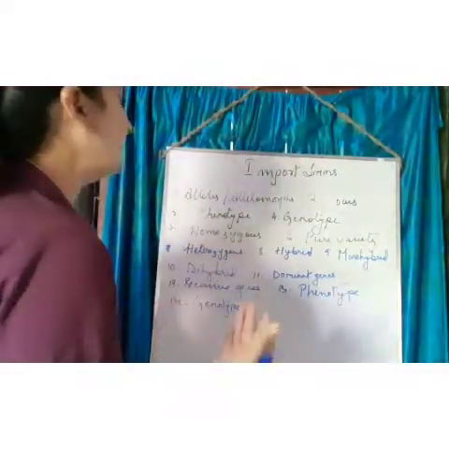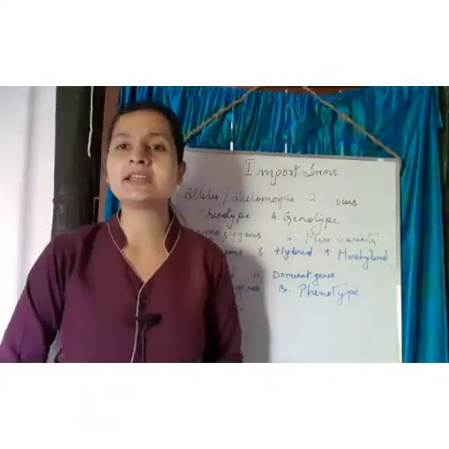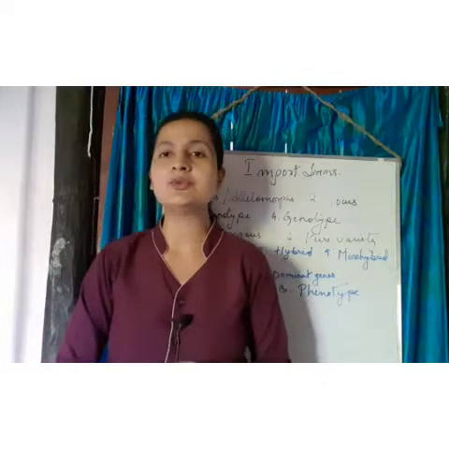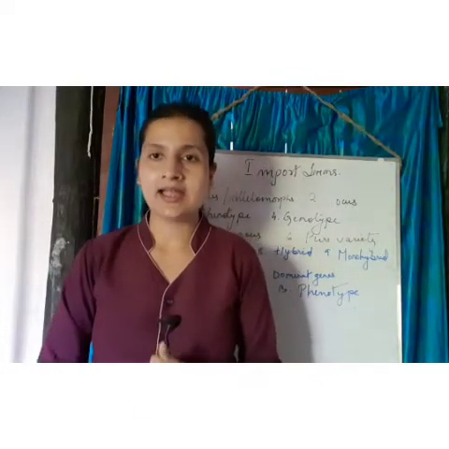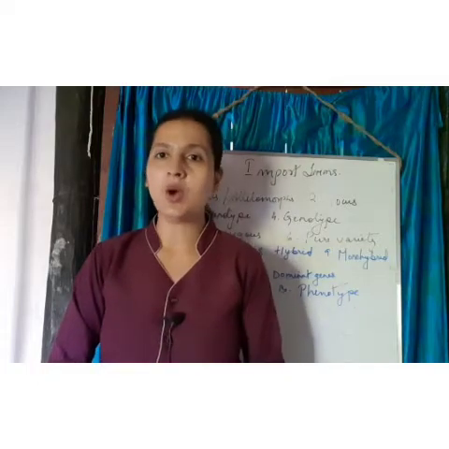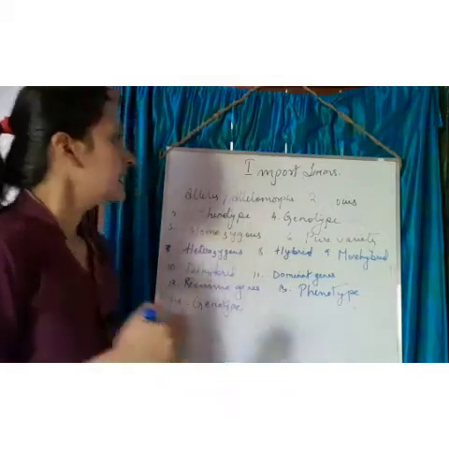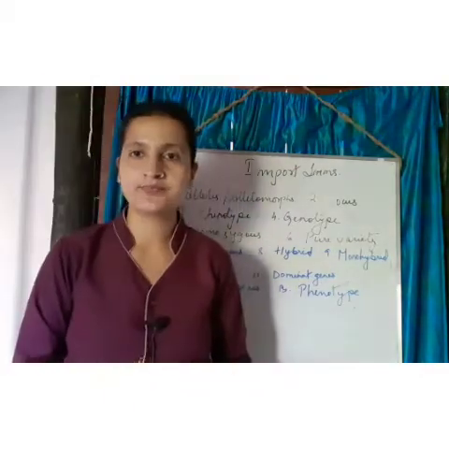Now what is allele? Alleles or allelomorphs are alternative forms of genes. What is a gene? A gene is a unit of inheritance. It inherits the character from parents to the offspring, and allele is the alternate form of a gene. Then comes locus.